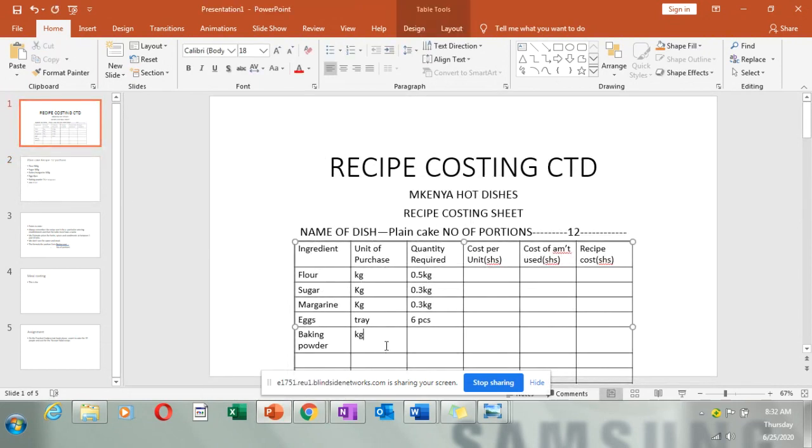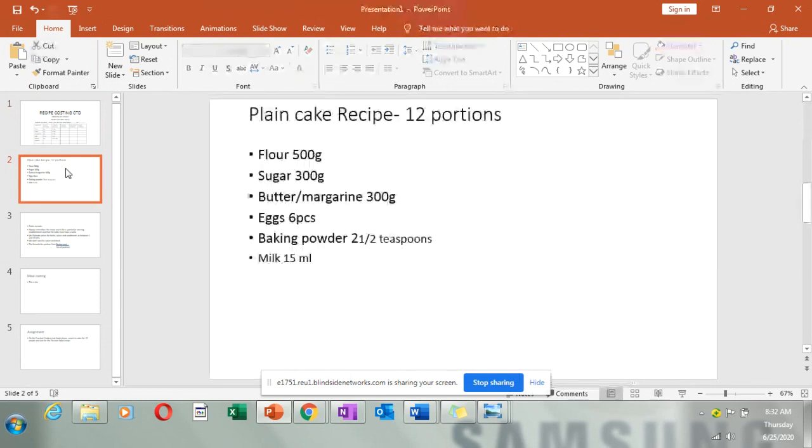It's sold in kilograms, and it is 2.5 teaspoons, and 1 teaspoon is supposed to be 5 grams. So 2.5 times 5 is 12.5 grams. So that is going to be written as 0.0125 kilograms. Okay, and then we have milk.